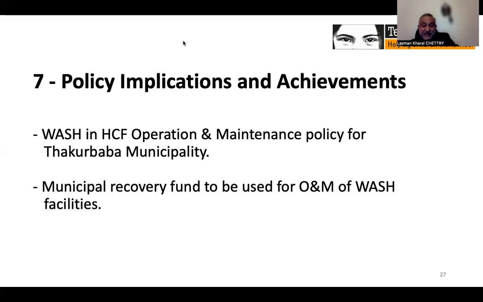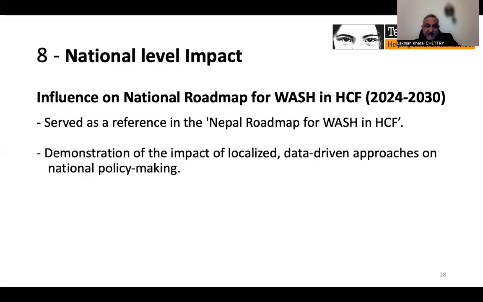It also provided a basis for creating a recovery fund. The municipality has now created an operation maintenance recovery fund for WASH in healthcare facilities, approximately 4,000 at the municipality level, and they have an additional 150 allocated to each healthcare facility. So this is something new because there is a dedicated budget for operation maintenance. Now we can go to the next slide.